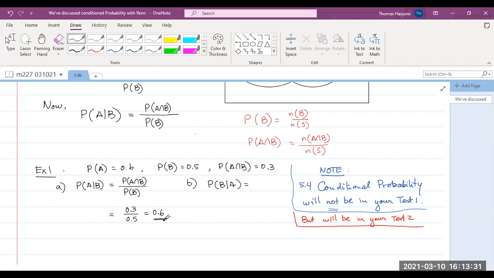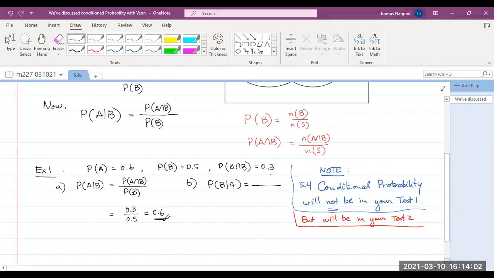Okay, let me write the formula. And what is the notation on the denominator? On the denominator, what will that be? What was the question, Professor? Part B here, probability of B given A. What is the notation on the denominator?